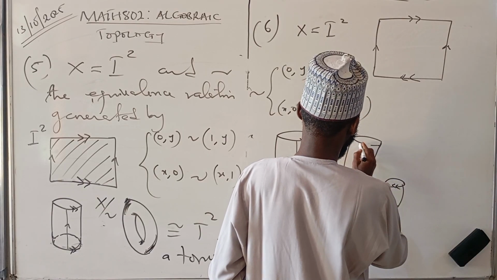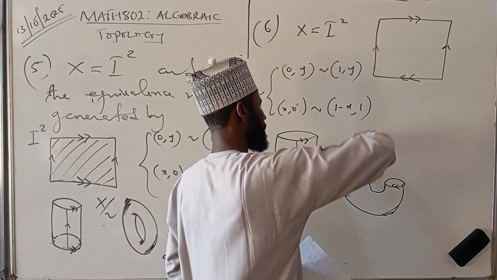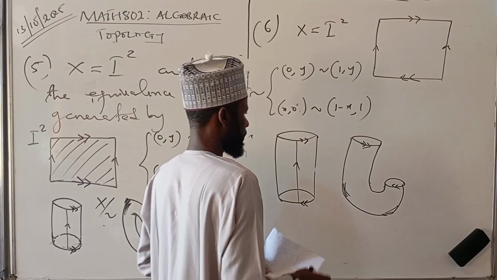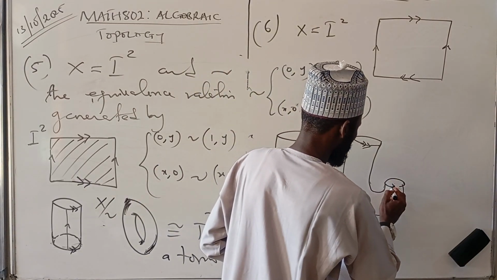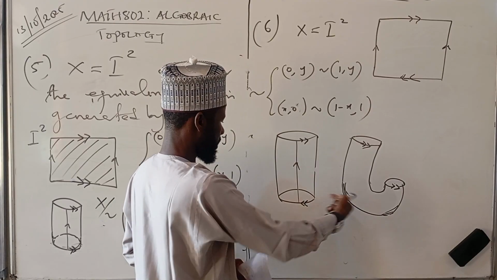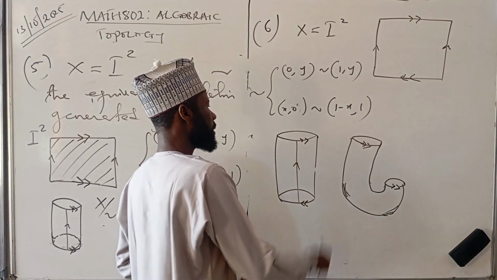No, this is in this direction. And then you want to now attach it. Well, it's going to be this one, because the arrows are facing like this. When I turn it, it will be facing like this, okay?